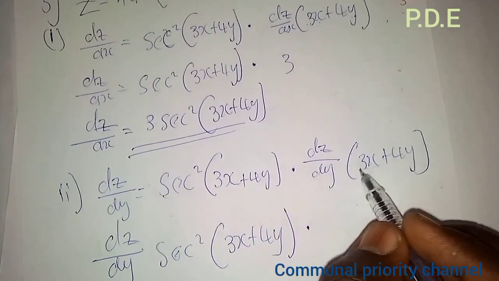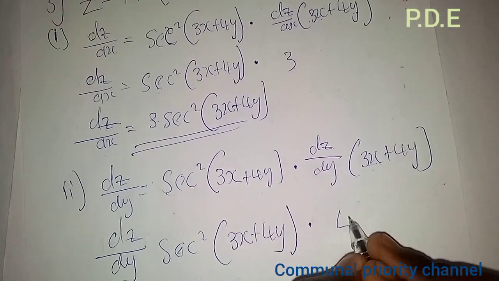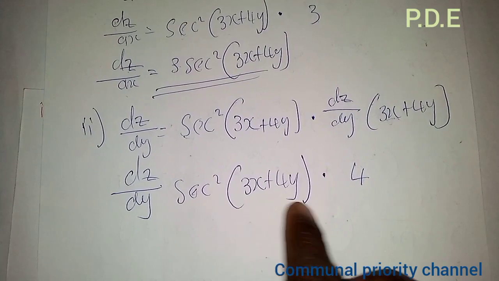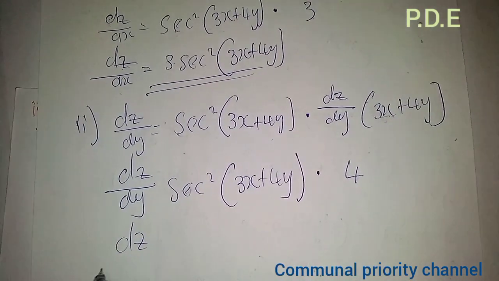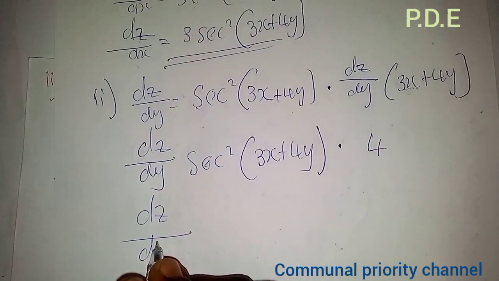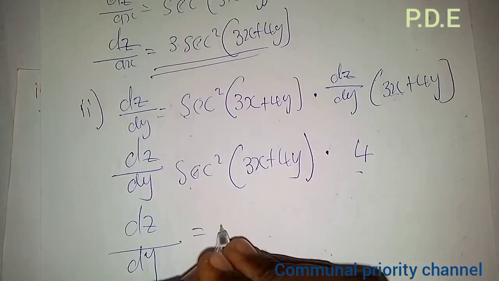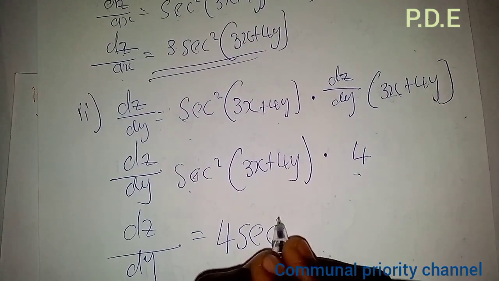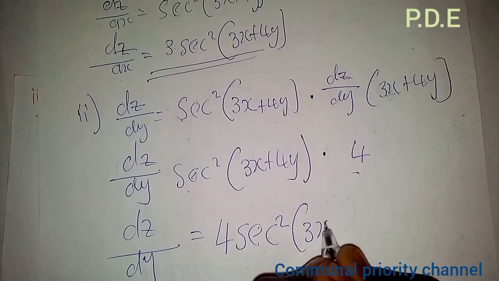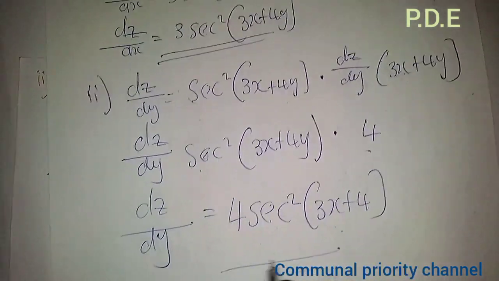So dz over dy is equal to 4 multiplied by the whole equation, which is 4 sec square (3x + 4y), as our final answer.